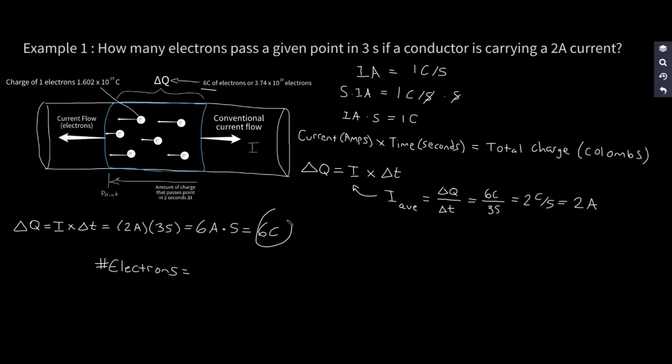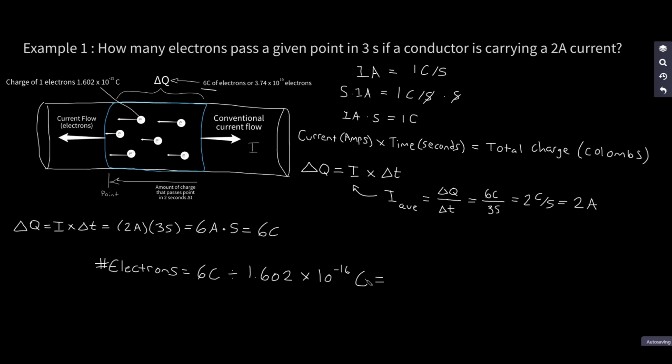We're going to take these 6 coulombs and divide by the charge of an electron, 1.602 times 10 raised to the negative 19th coulombs.